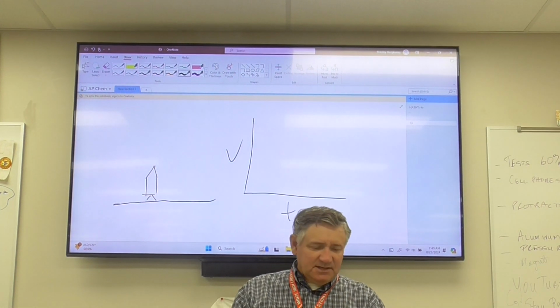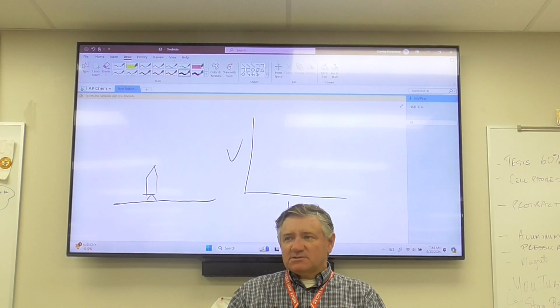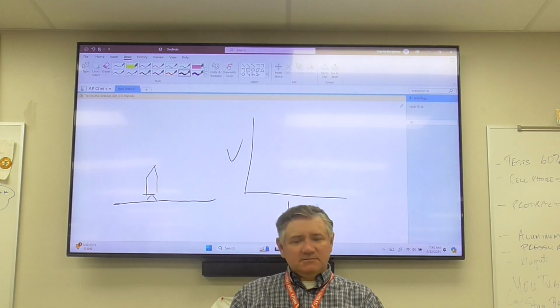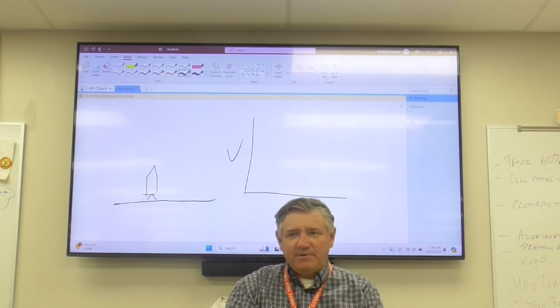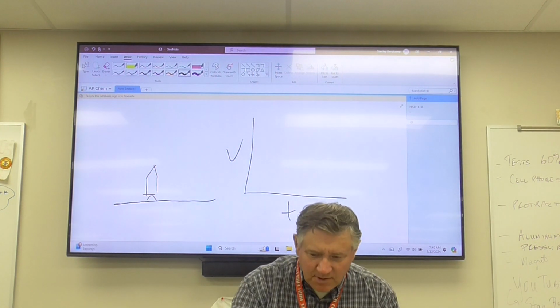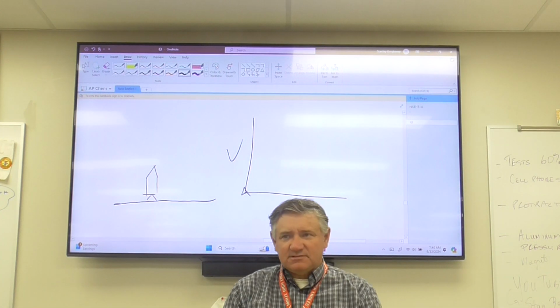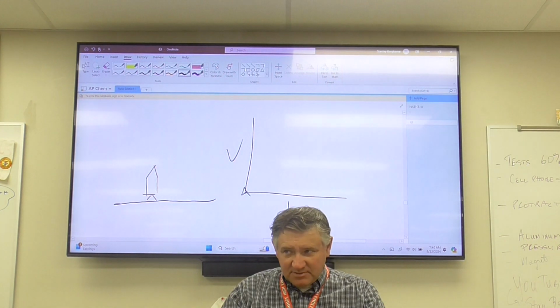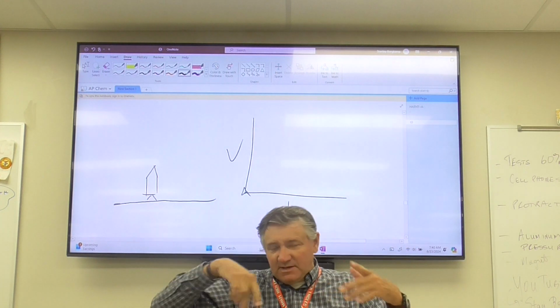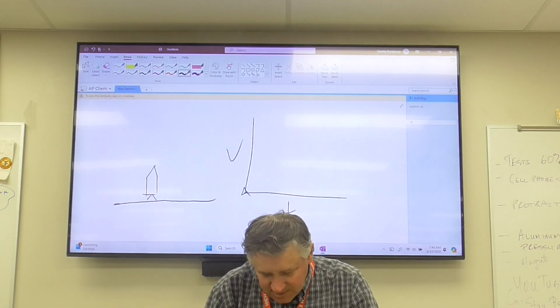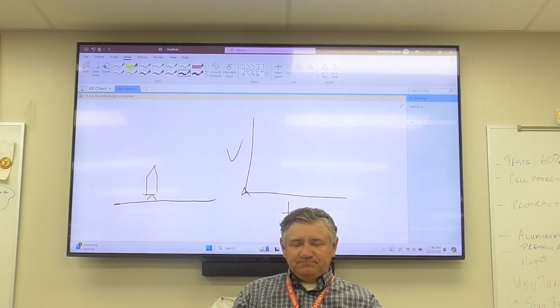So start with this idea. What's the initial velocity of the rocket? 0. It's sitting here on the launch pad, okay? So you know your velocity time graph is going to start at 0. That's where it's at. We're not orbiting in space already. We're on Earth, sitting on a launch pad.